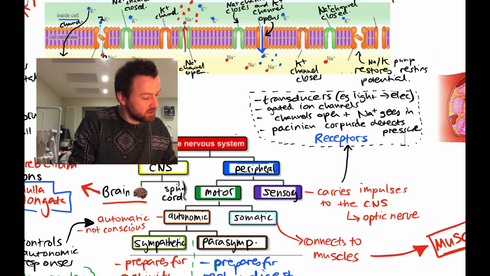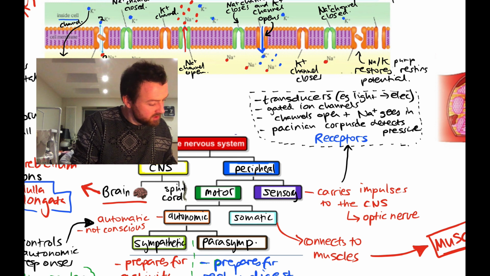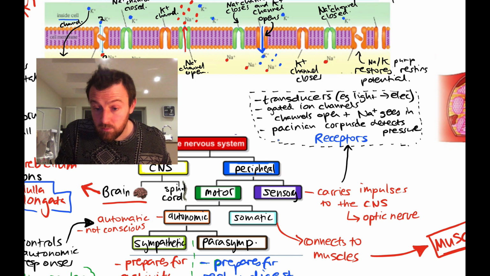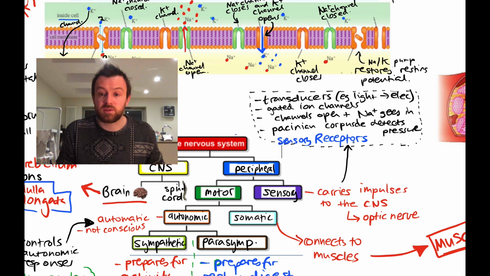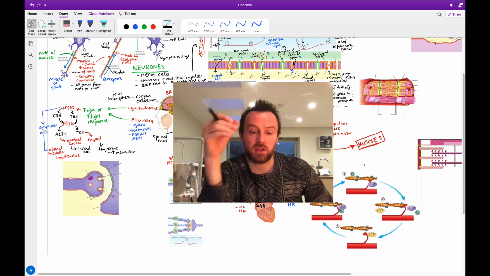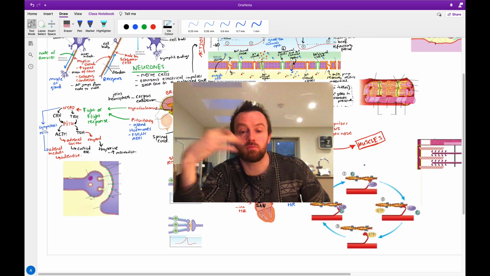And I think that's all you need to know about sensory receptors, really. We call these sensory receptors, actually. Let's give them their full title, sensory receptors.